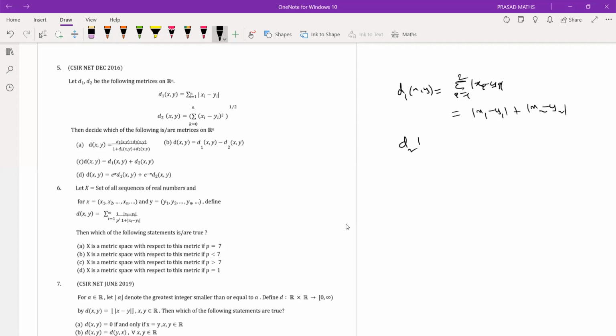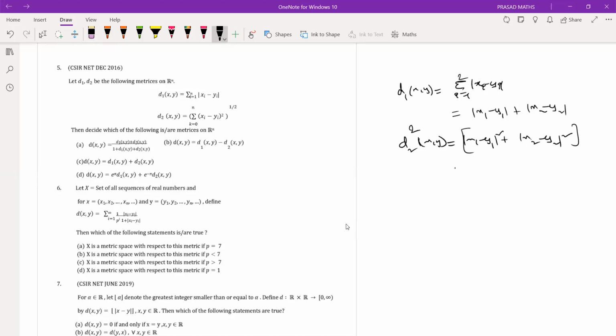What is d2? d2 is nothing but x1 minus y1 whole square plus x2 minus y2 whole square, whole power 1 by 2. So to remove the whole power 1 by 2, take the square on the right side.